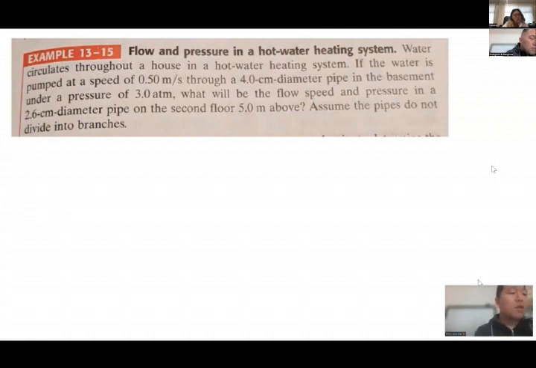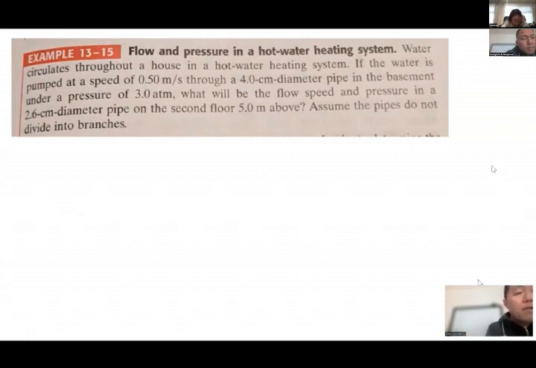So let's take a look at the first condition. You have to figure out some given parameters out of the given conditions. So let's take a look at first the velocity at the 2.6 centimeter diameter pipe on the second floor at 5 meters above.